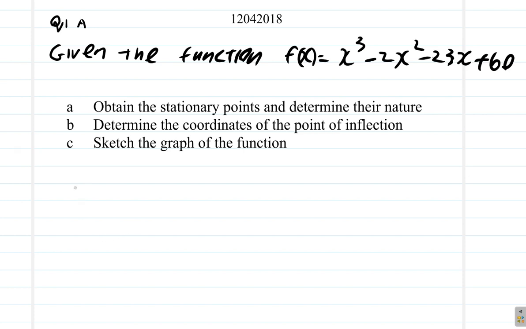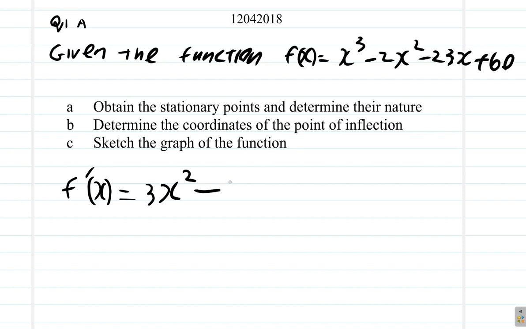Alright, stationary points. What you're going to have to do is find the first derivative of the function, equate it to 0, and solve. The first derivative is 3x to the 3 minus 1, which is 2; multiply by the power, then you reduce the power by 1.